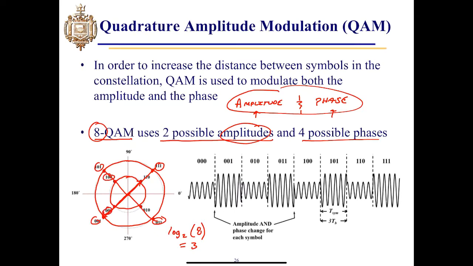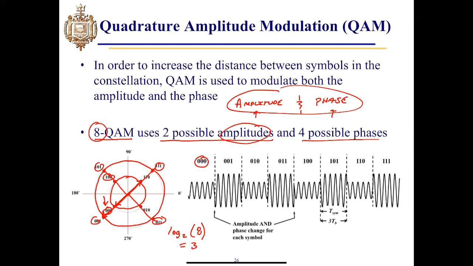And then here's what the signal would look like if I wanted to send a 0, 0, 0, 3 bits of zeros. Notice 0, 0, 0 is right there. So it has the smaller amplitude at a 225 degree phase shift.